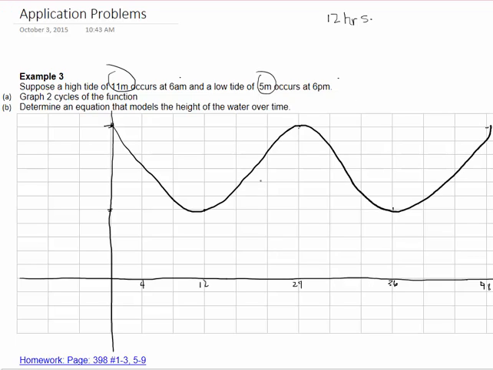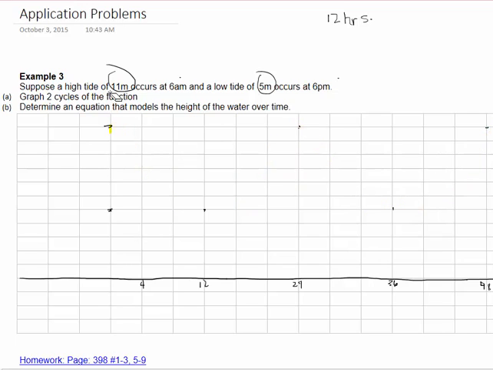So as far as sine graphs go, I have 2 full revolutions here. So you can see 1, as far as our cos graphs, I have 2 full revolutions there. I'm just going to take a second to show you how we could also represent this by sine, even though the cos is easier.